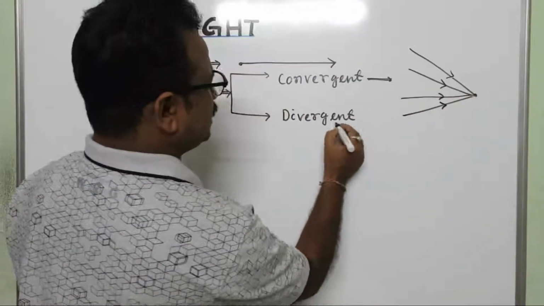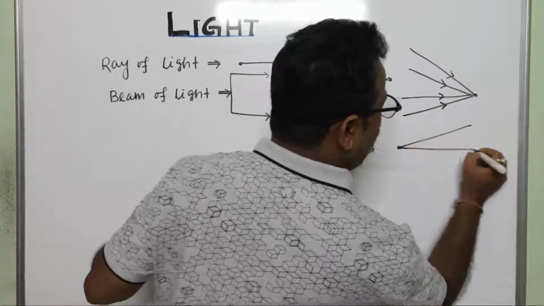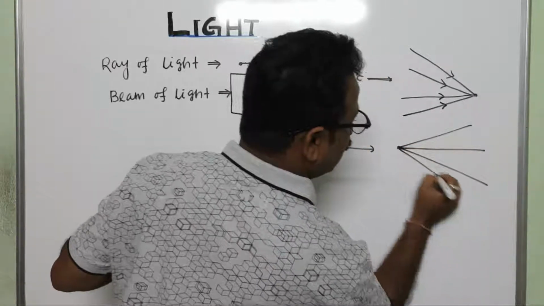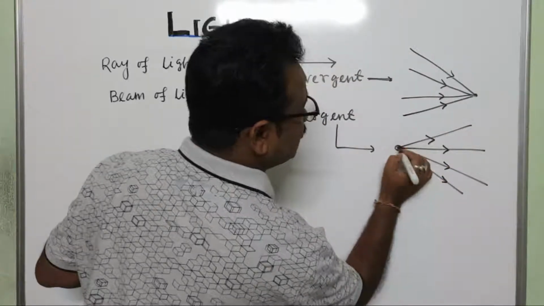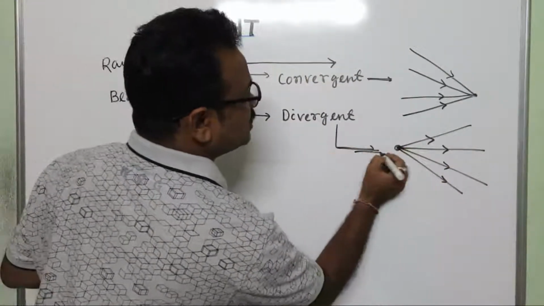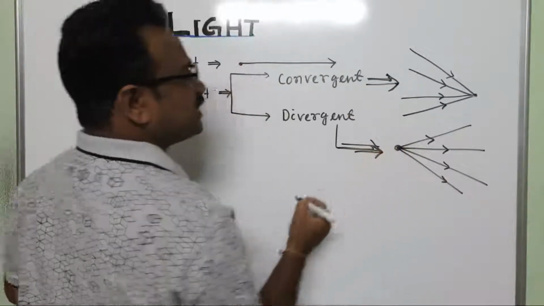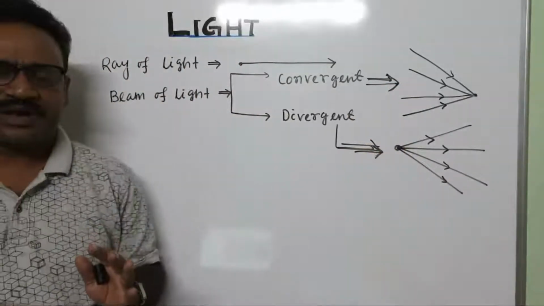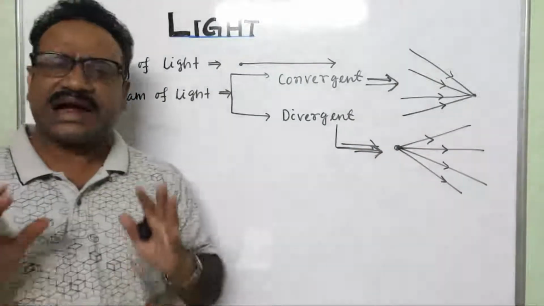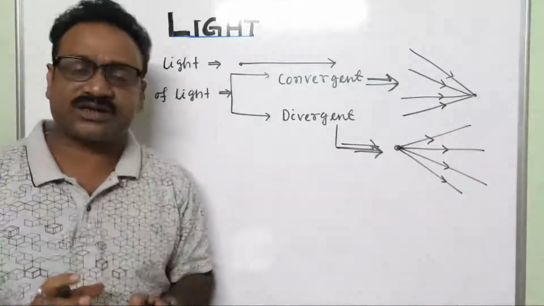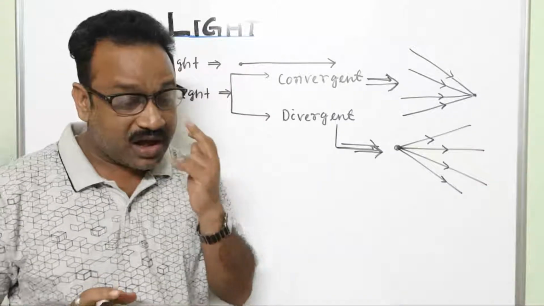Divergent means they are emerging from one point. This is divergent, this is your convergent beam. So when light falls on any object and reflects back to our eye, we can see the objects.